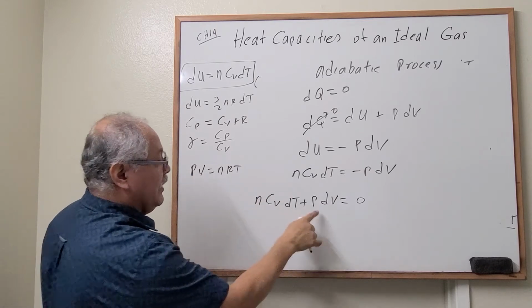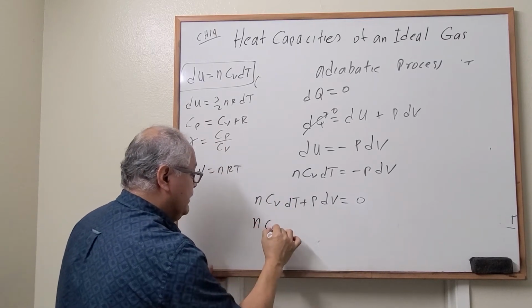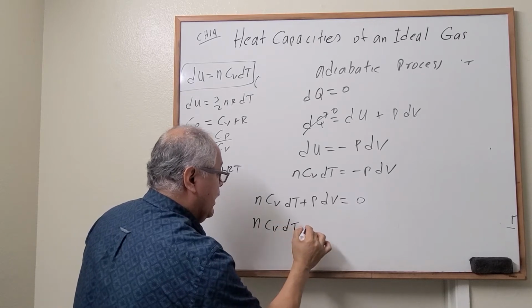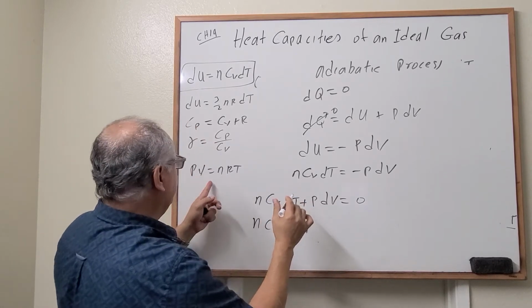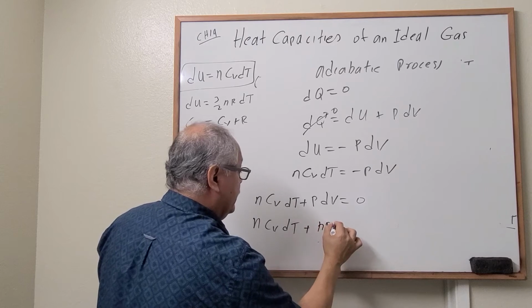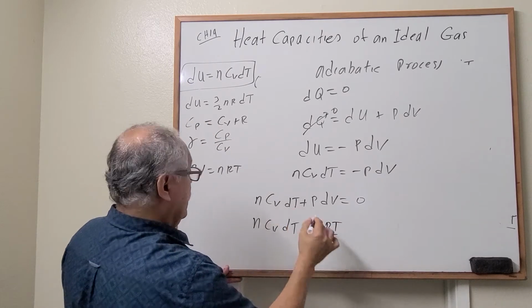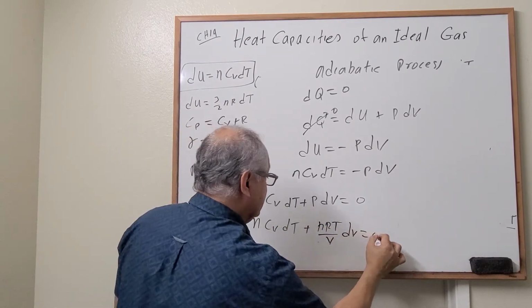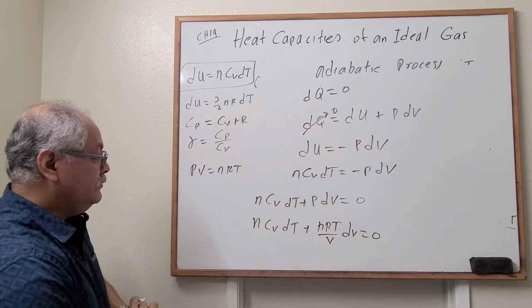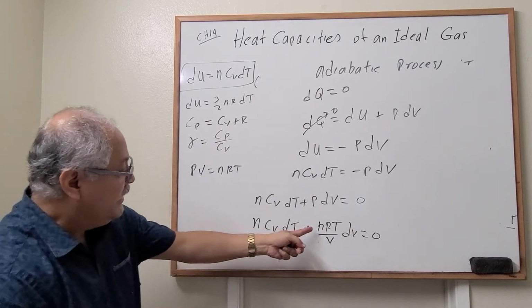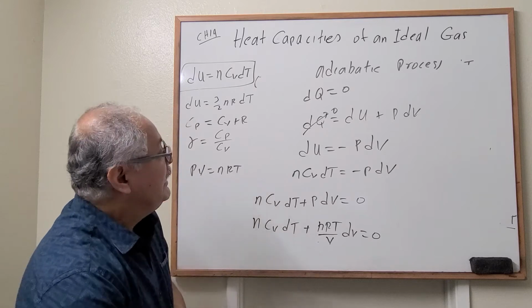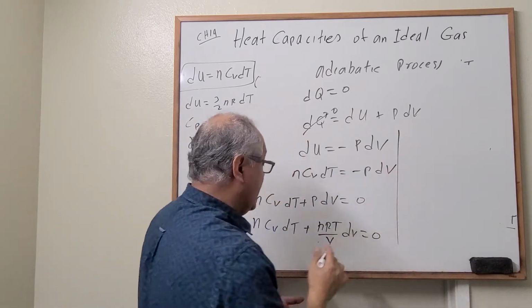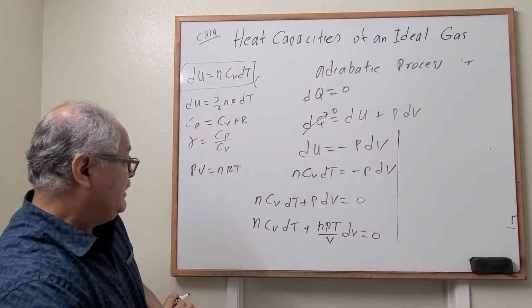Now let's solve for P and plug it in here. We have n Cv dT plus P, which is nRT over V, dV, is equal to 0. We divide by n, the number of moles, we don't need it, and this term is cancelled. Then we arrange it this way.